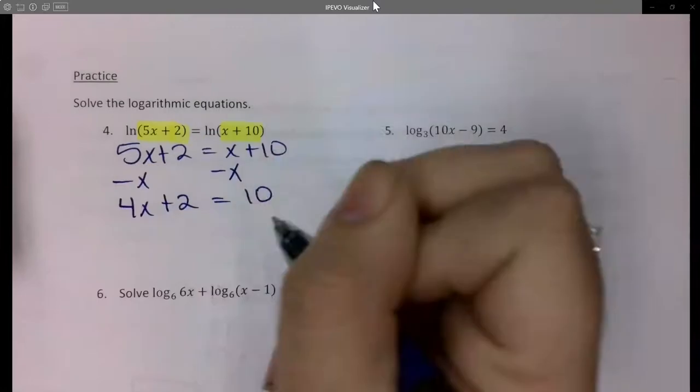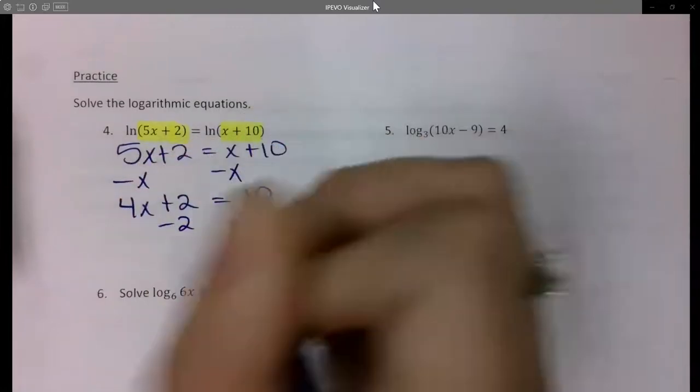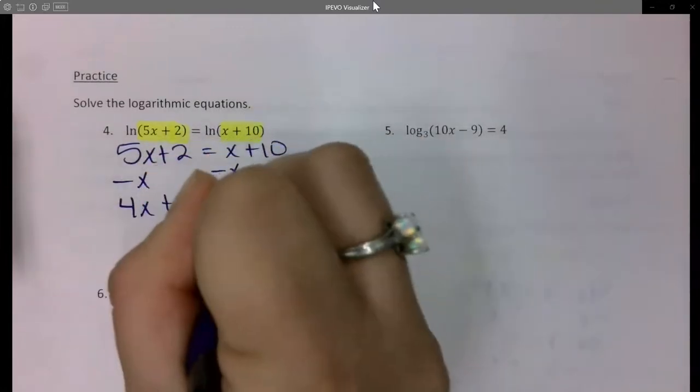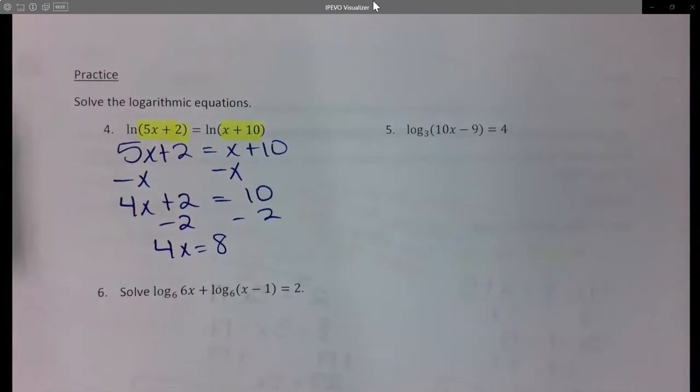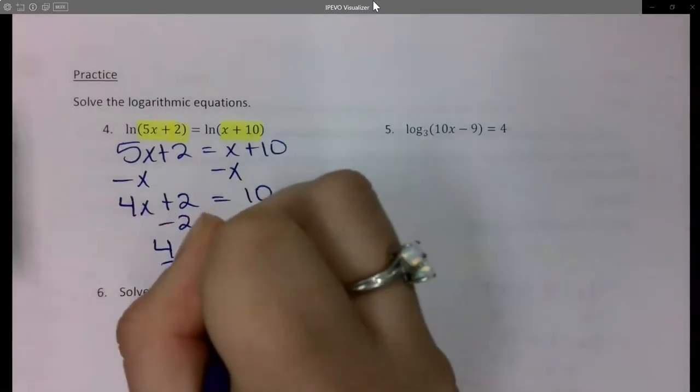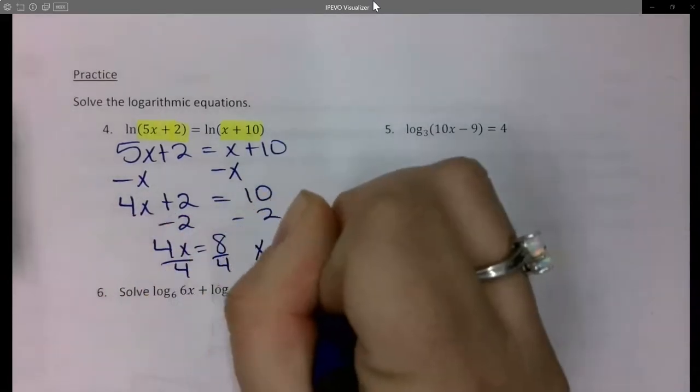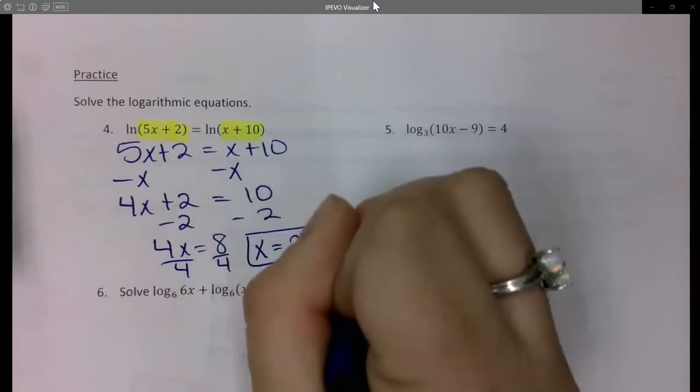Then I want to go ahead and subtract 2 on both sides. I get 4x equals 8. And I divide both sides by 4. This gets me x equals 2.